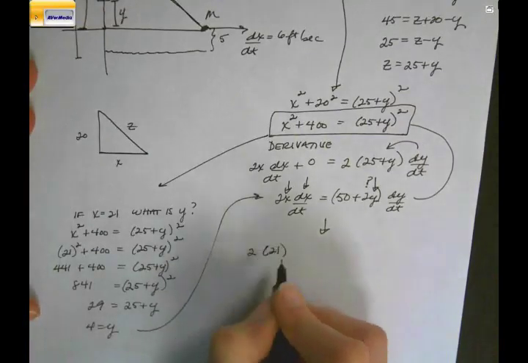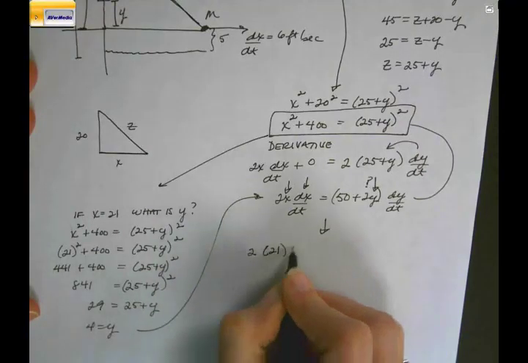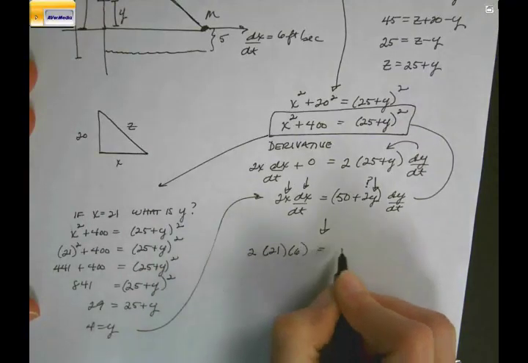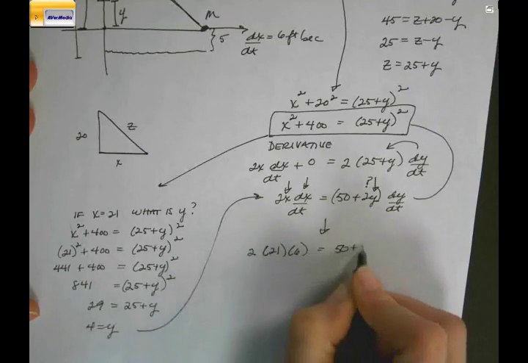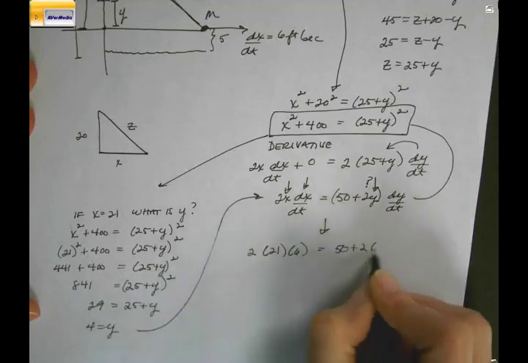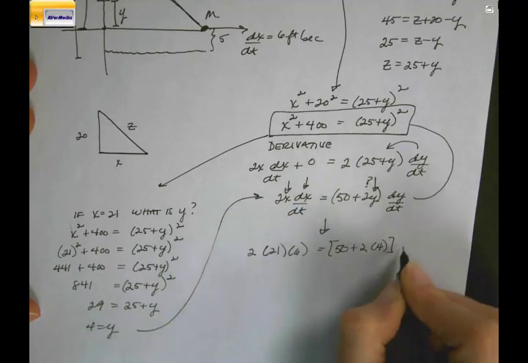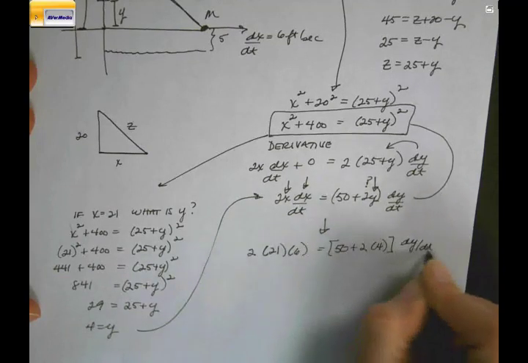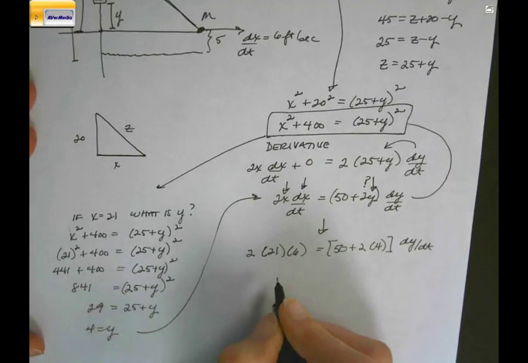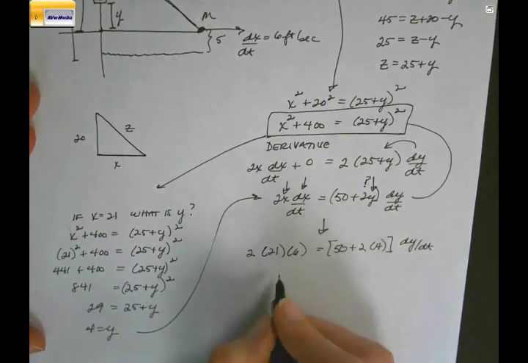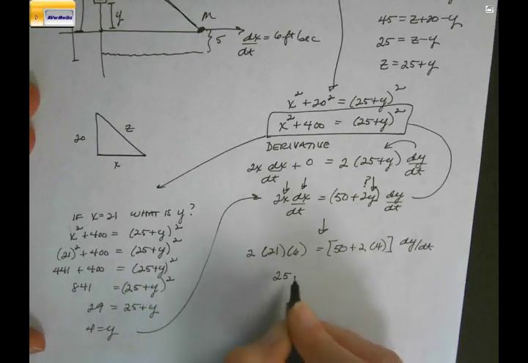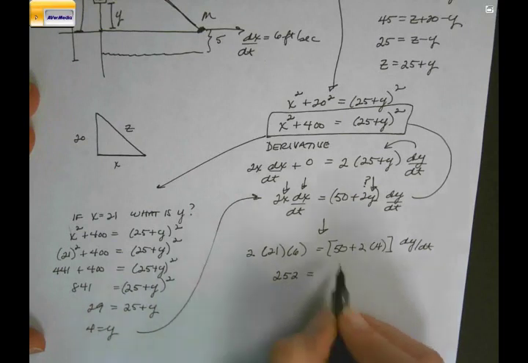This is 2 times 21, dx/dt is 6. This is 50 plus 2 times 4, and dy/dt is what we're looking for. So 2 times 21 is 42, and 42 times 6 is 252.